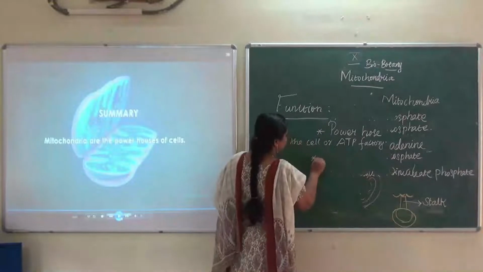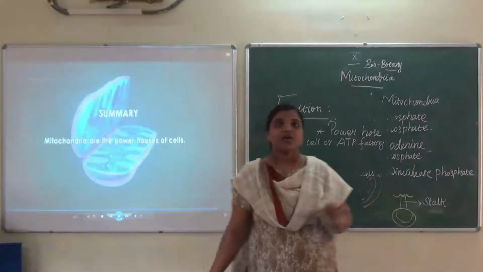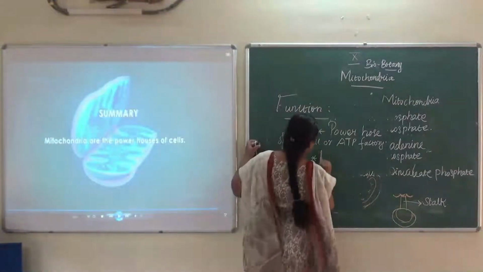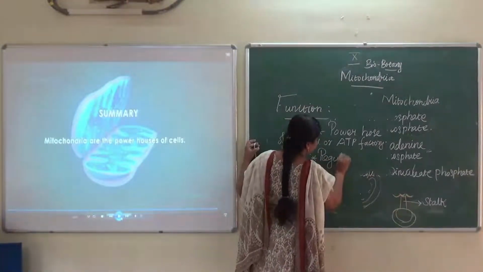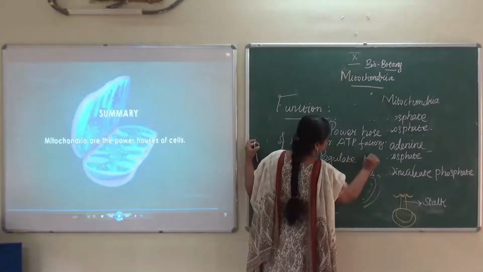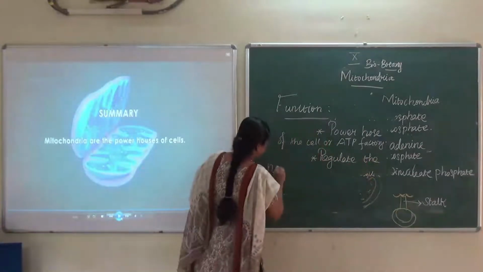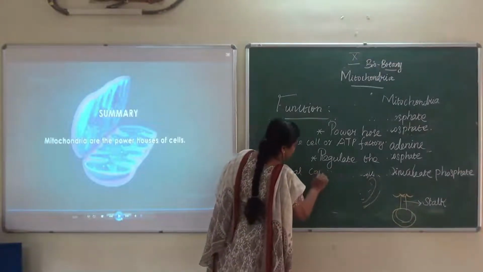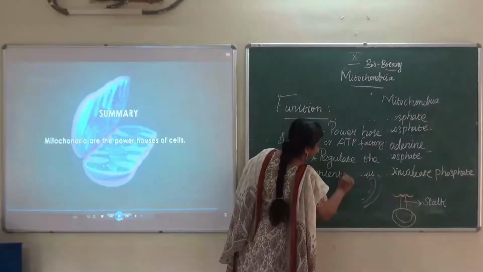And the second one, regulate the normal concentration of the cell.